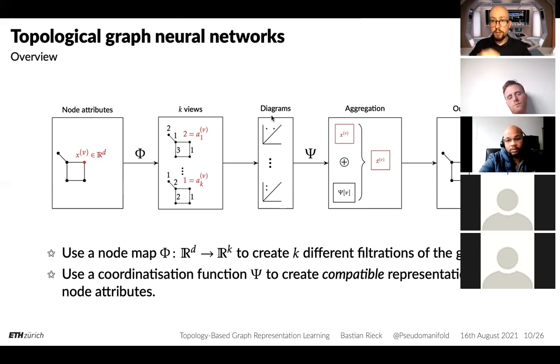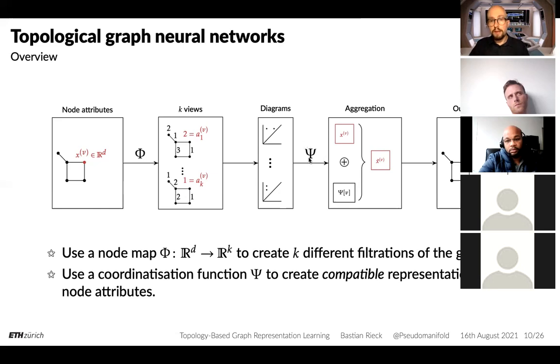Each of these representations now gives rise to a certain set of these persistence diagrams, so these dotted diagrams that you saw before. And we use a so-called coordinatization function psi to create compatible representations of the node attributes.